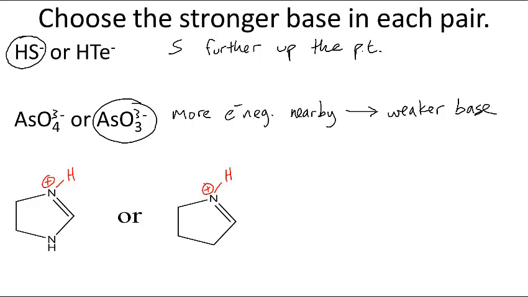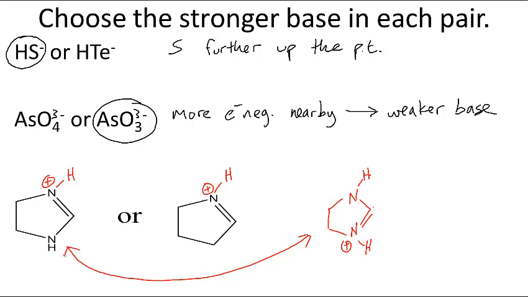And I'll point out that if I add hydrogen to the first one, now there's an alternate resonance structure. So the positive formal charge actually gets shared between two atoms. In the second one, the positive formal charge is just stuck on one atom.